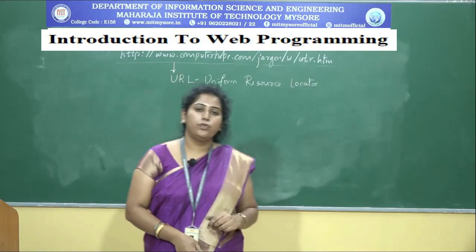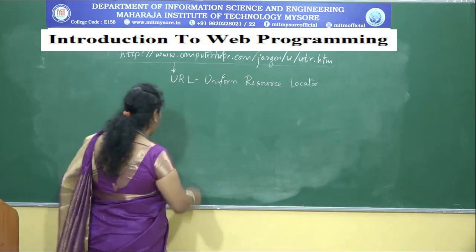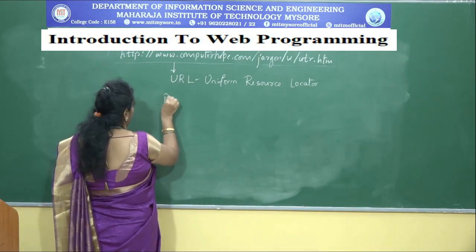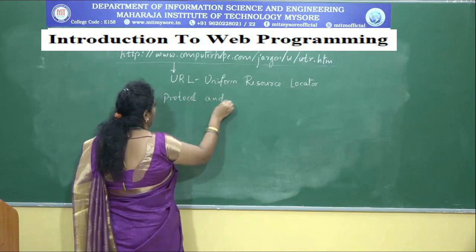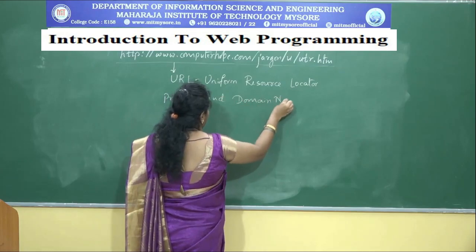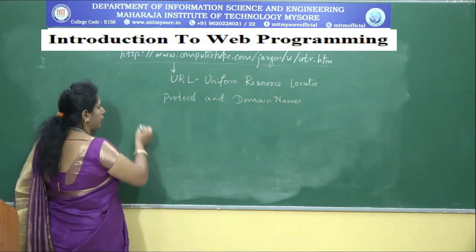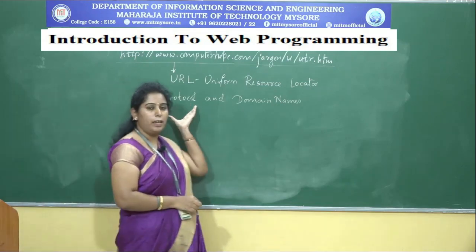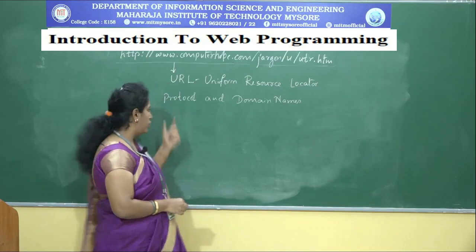URL stands for Uniform Resource Locator. It has mainly two components, that is protocol and domain names. Protocols means an application protocol supported to perform web communication.